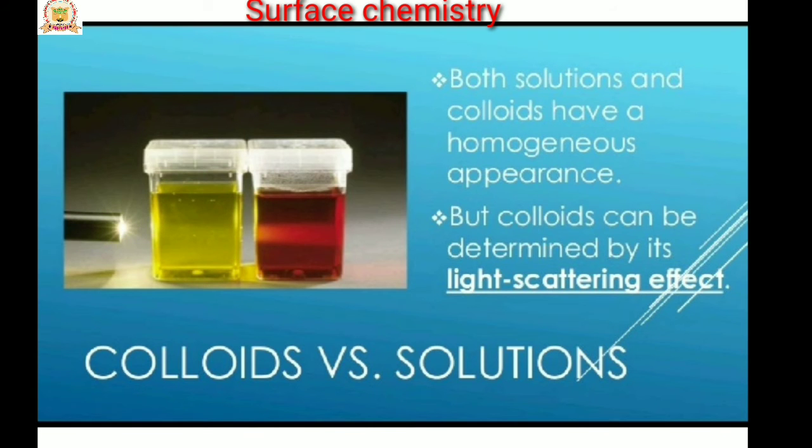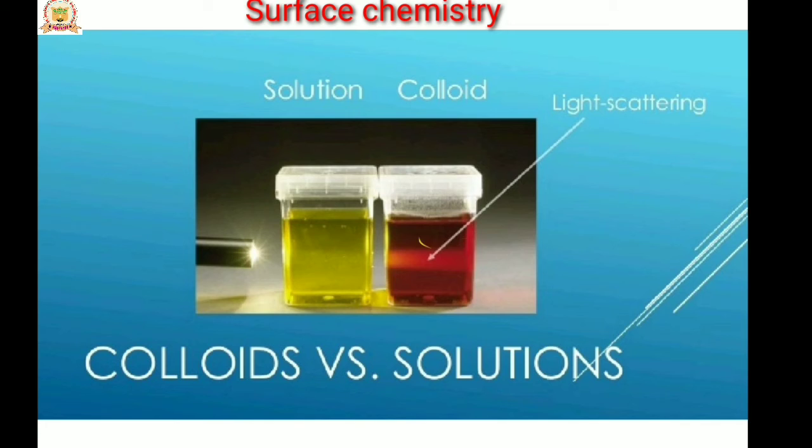Here one torch is there. With the help of this torch, we pass light rays through it. The light rays are more visible in the colloidal particles. Because the colloidal particles are bigger, the light scattering effect is more in the colloids. So here the red solution is a colloidal solution, because the light scattering is more.